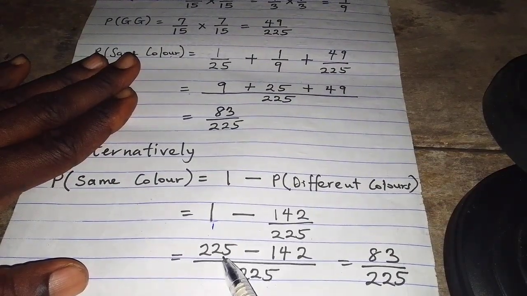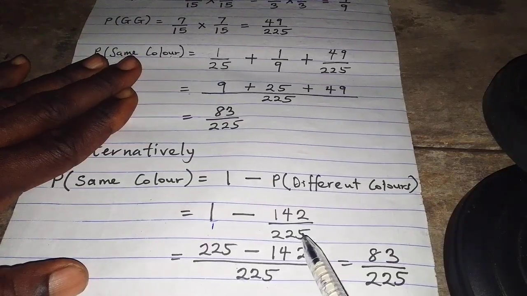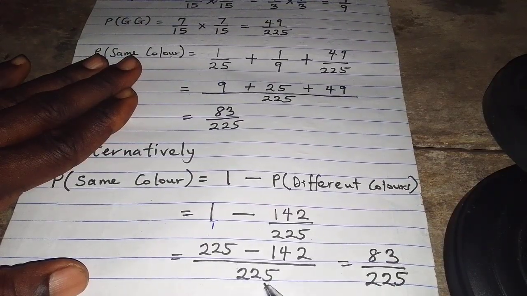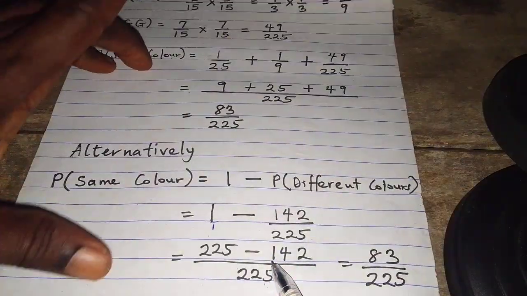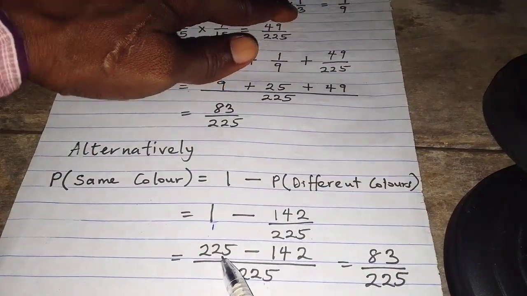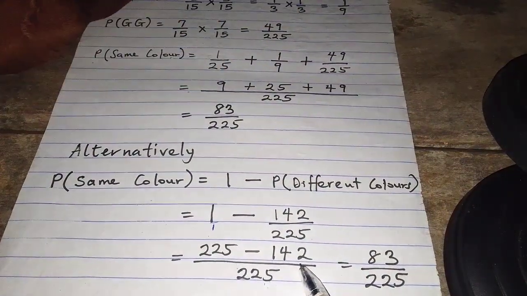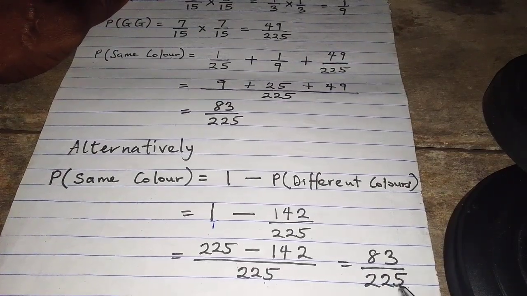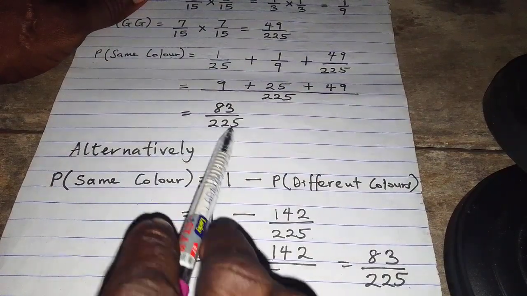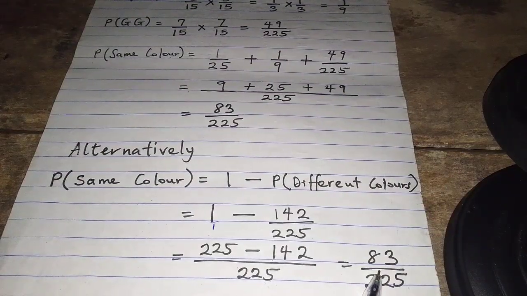So then 225 times 1 is 225, minus 225 into 225, that's 1. 1 times 142 will give us 142. 225 minus 142 will give us 83 over 225. You can see that we got the same answer in the two situations.